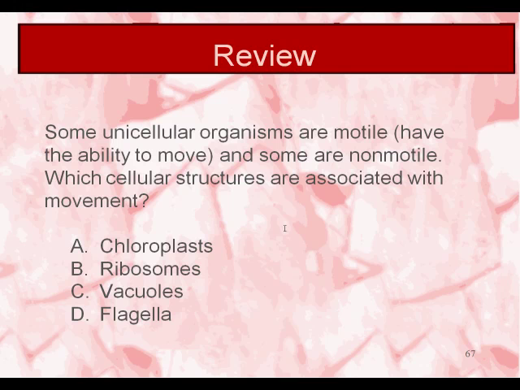Let's review some of our answer choices. We know that chloroplasts play a role in photosynthesis, so we can eliminate A. Ribosomes play a role in protein synthesis, so we can eliminate B. Vacuoles are storage organelles, so we can eliminate C. The correct answer is D, flagella.